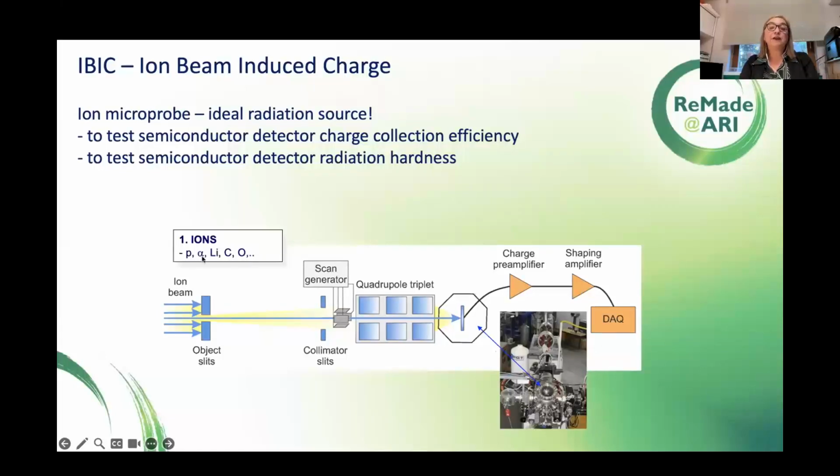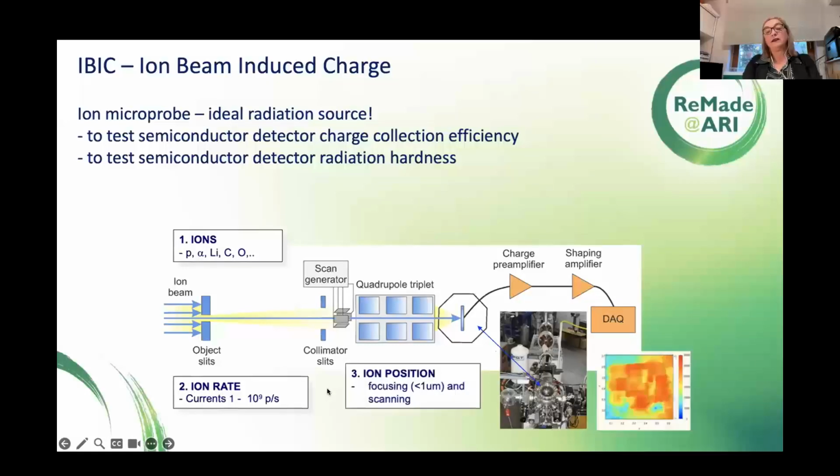We can start with light ions, which is usually used for IBIC, and we can test radiation hardness by applying heavier ions later on. Then the current rate can really change a lot. We can quite well control which current we want to put on our detector, or on our sample in general, by opening and closing the slits.